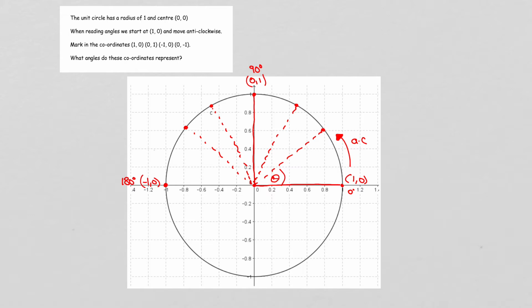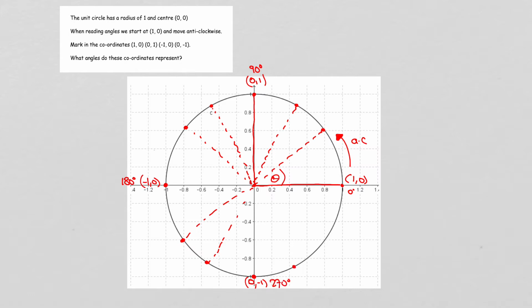If I continue past that point, taking that point and moving it along the circumference, the angle continues to grow. And now when I reach this coordinate here, out to 0 and down to -1, I have now traced out an angle of 270 degrees.